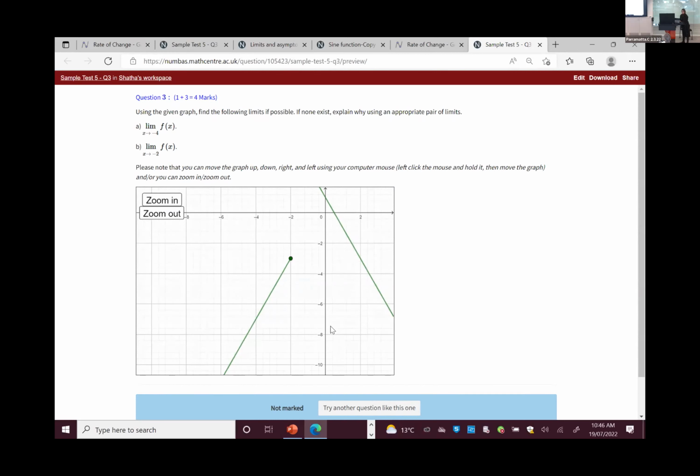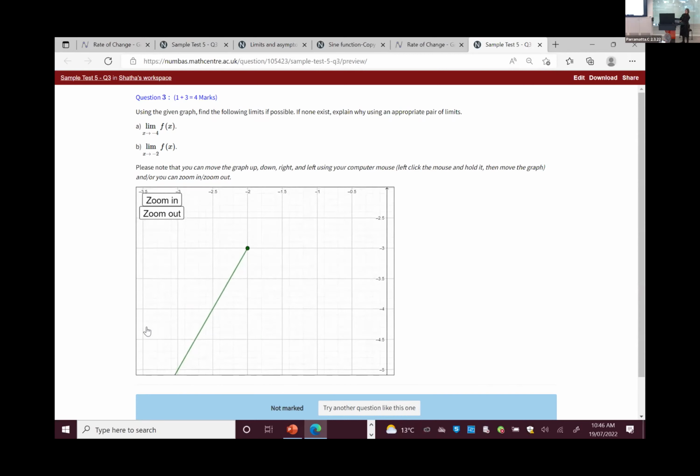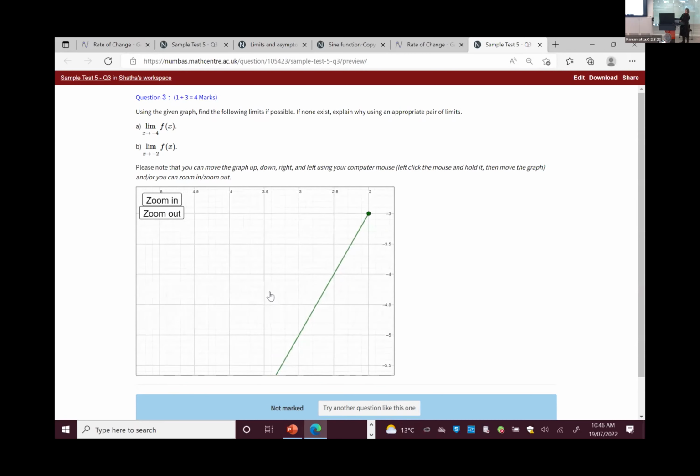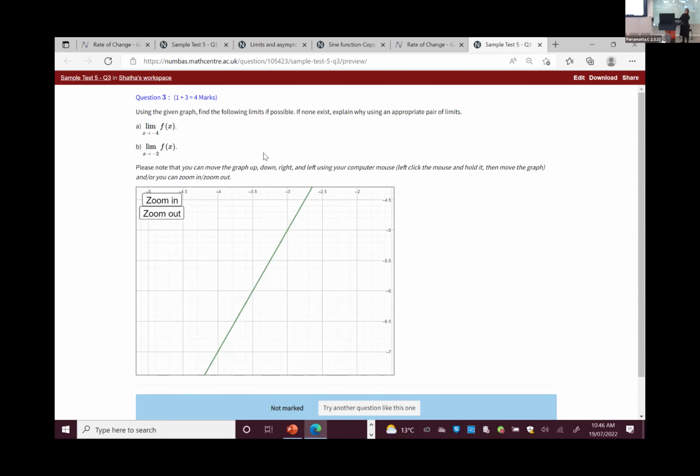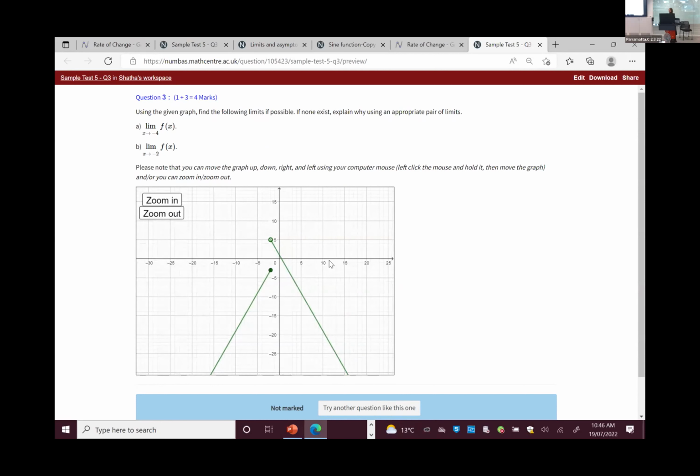I can guess it's probably -7, but let's check. So that's -4, as you can see here, and it intersects there, and that's -7. Okay, so that's what I provided for them. That's one of the questions.